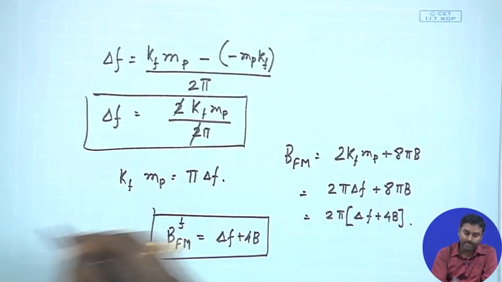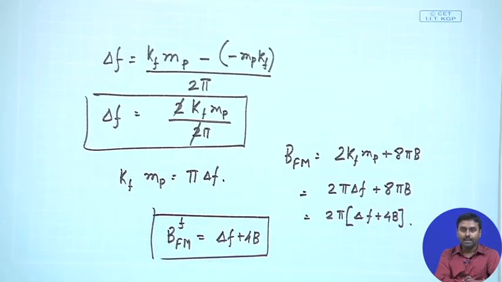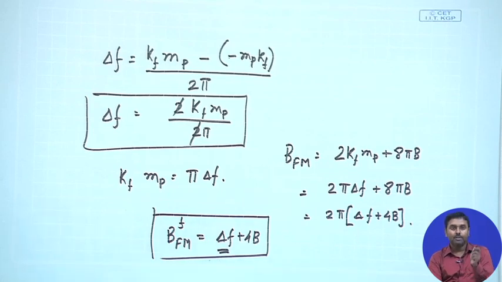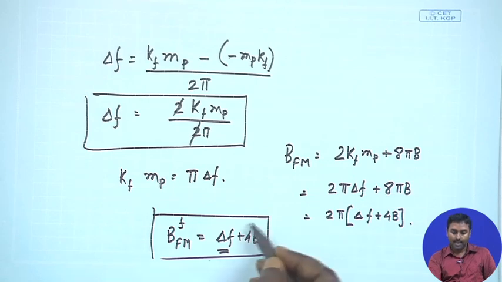This is the fundamental relation that we are getting: the FM bandwidth is due to this frequency deviation, and the 4b is related to the bandwidth of the message signal. Initially, people were mistaken, thinking that in FM the frequency terms are getting populated just because I am varying the frequency.